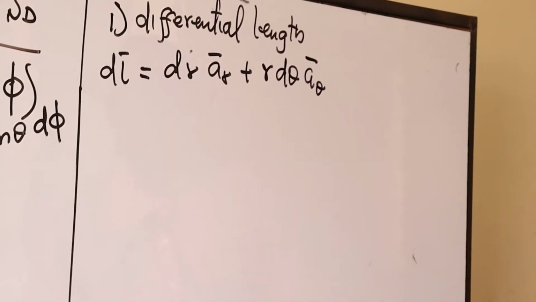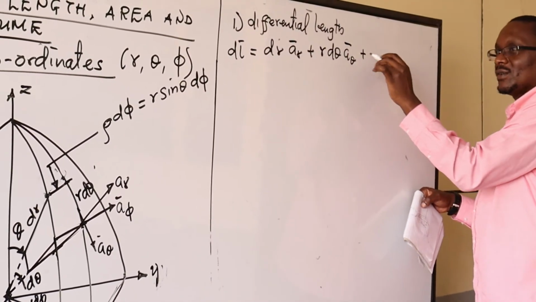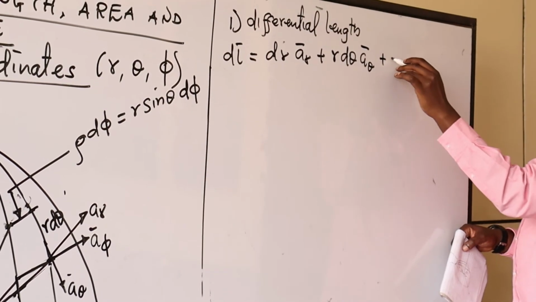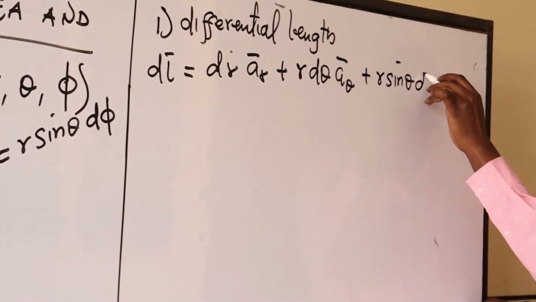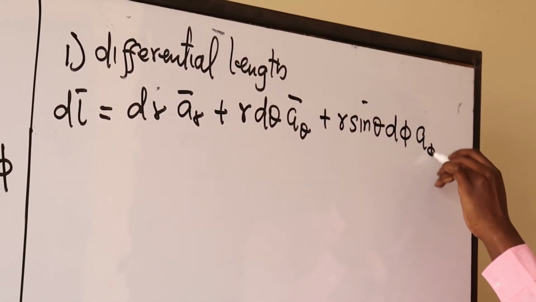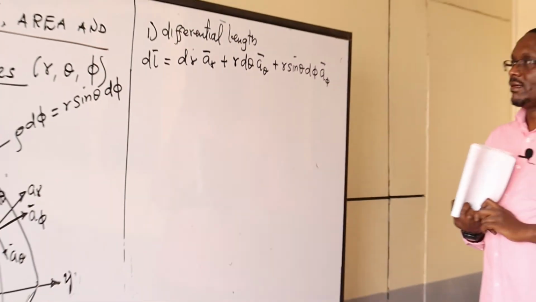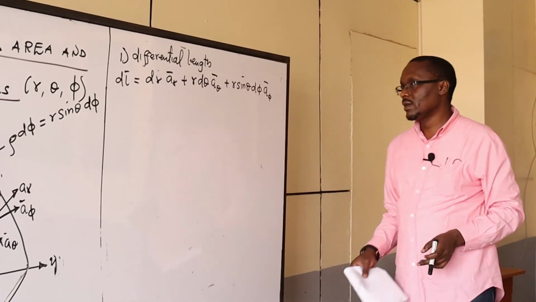Then finally in the a phi direction, we have what we computed here, which is r sine theta d phi in the a phi direction. That is how we represent our differential length in spherical coordinate system.